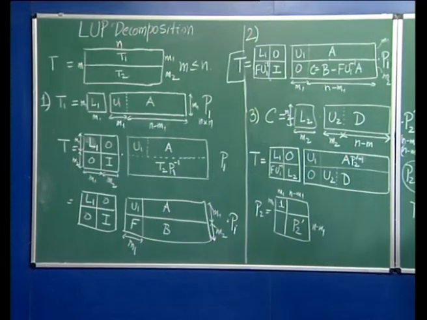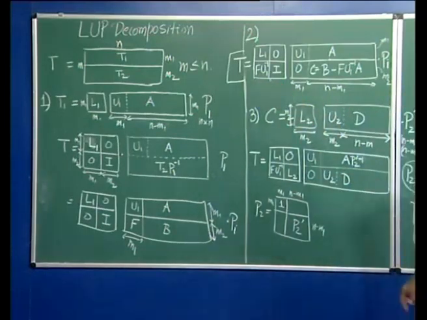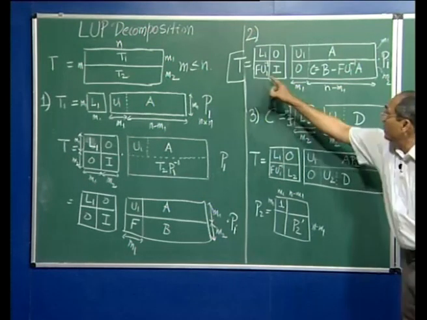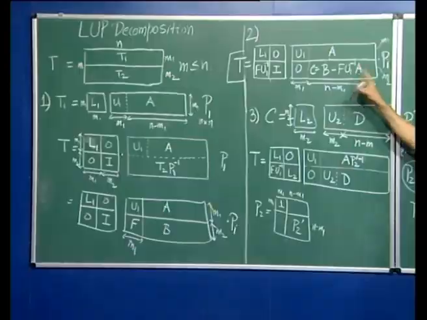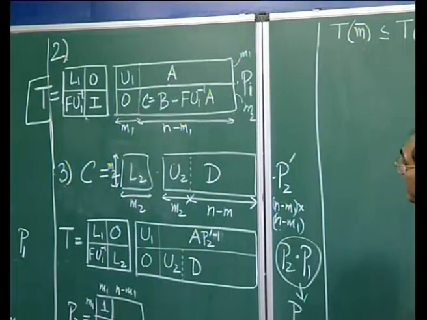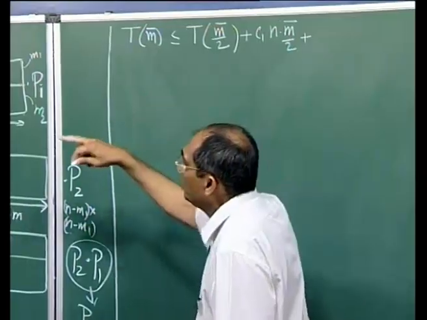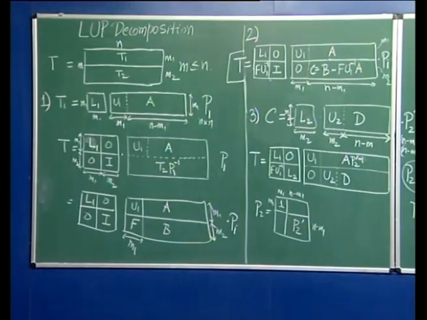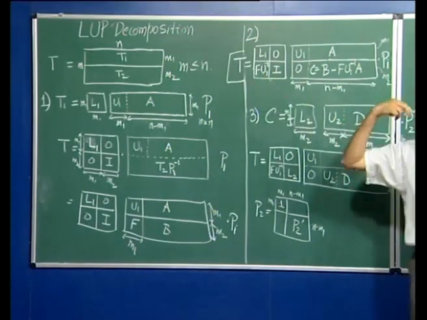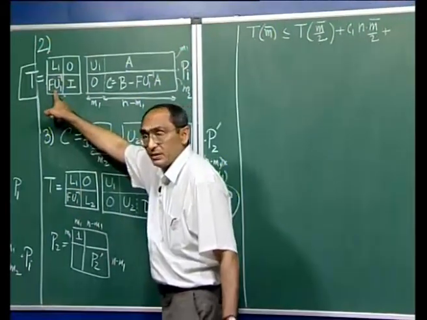Then we have computed the inverse of U1, multiplied it to F, then multiplied it to A, and then we have subtracted this from B. So, there are these steps. Now, computation of U1 inverse, we have already shown in the last lecture that the inverse cost is of the same order as that of multiplication, and this is true for triangular matrices.